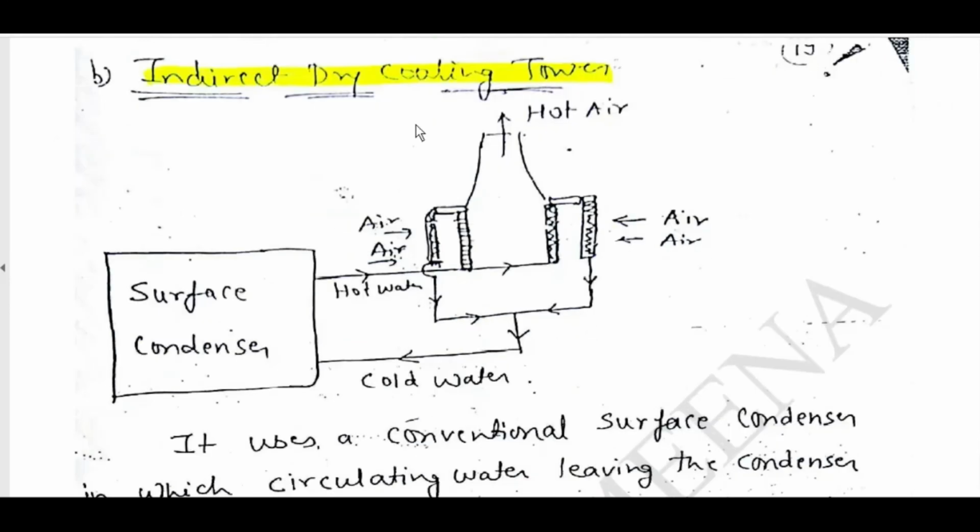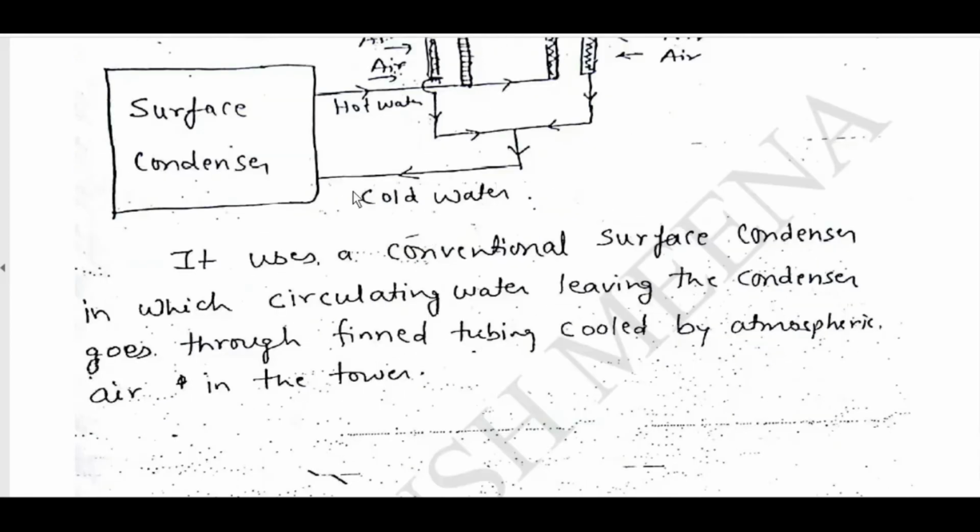Indirect dry cooling tower, surface condenser, hot air, cold water, hot water, air. It uses a conventional surface condenser in which circulating water leaving the condenser goes through finned tubing cooled by atmospheric air in the tower.